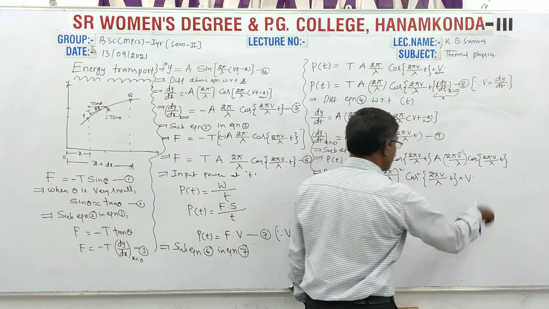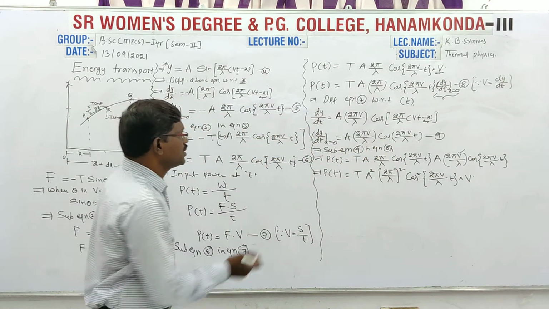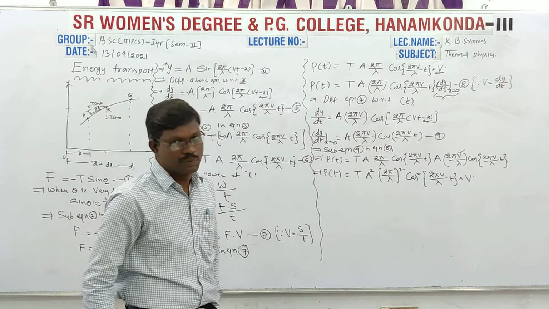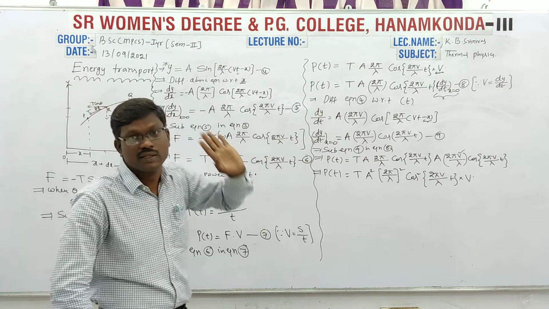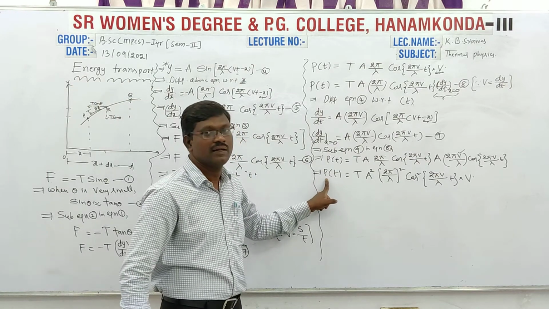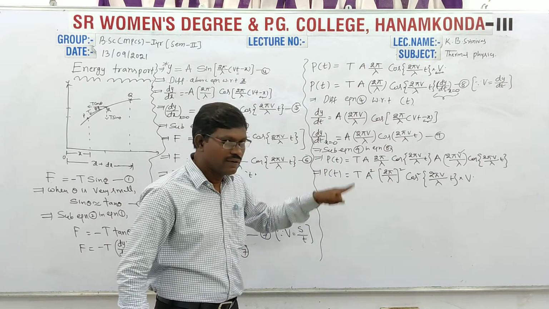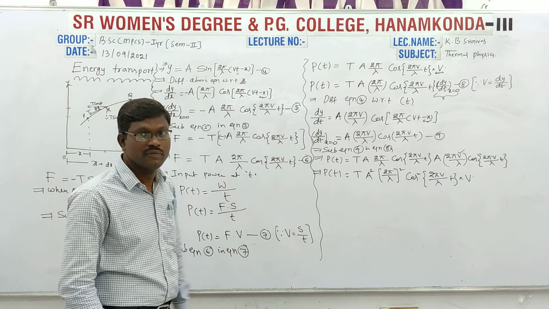Every time you have to keep this velocity till the final expression. So this is about input power, but I want to calculate average power. Average power directly gives what? Energy transport only. From input power only we can calculate average power. The average power is nothing but energy transport of the wave.